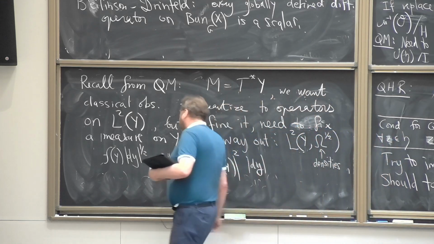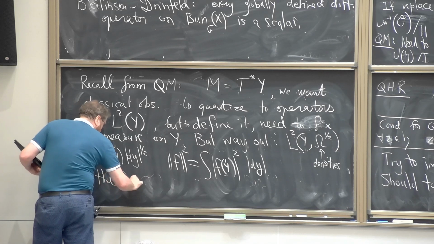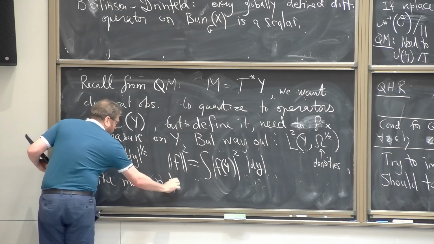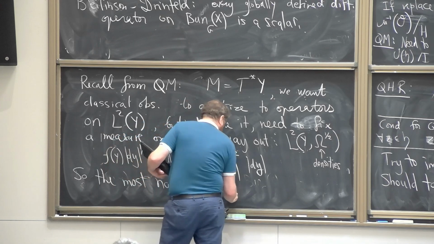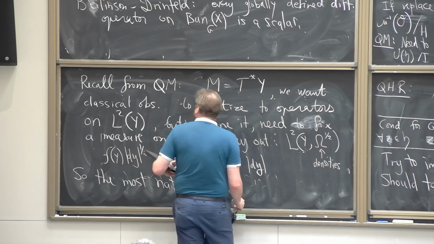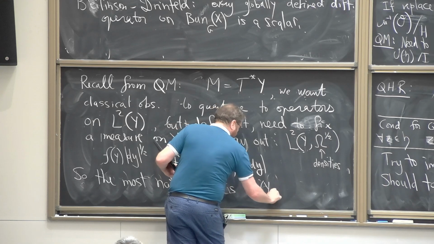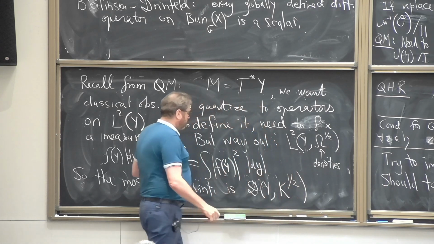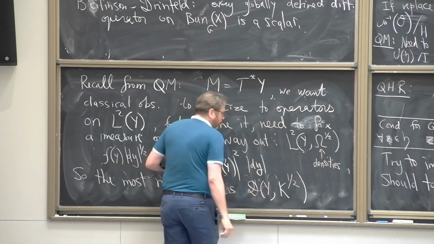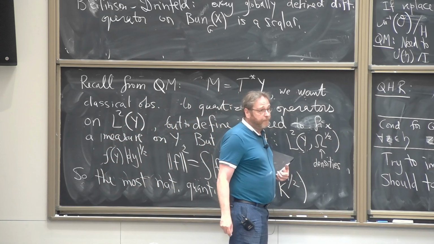So the most natural quantization from this point of view is differential operators on Y acting on the, in algebraic geometry, that would be 1/2 of the canonical bundle, 1/2 power of the canonical bundle.